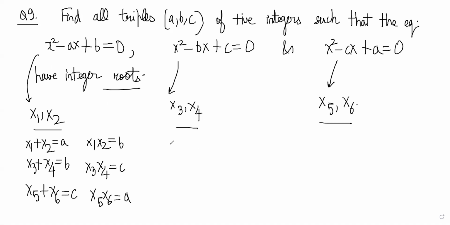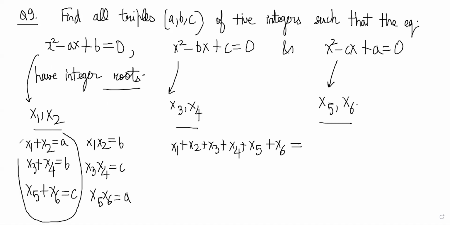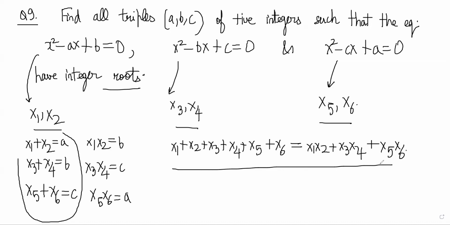Which basically implies that if you add vertically these three, a plus b plus c is also equal to x1 x2 plus x3 x4 plus x5 x6. Right. Now we can bring all the terms to one side and do the factorization technique here. Write it like this.